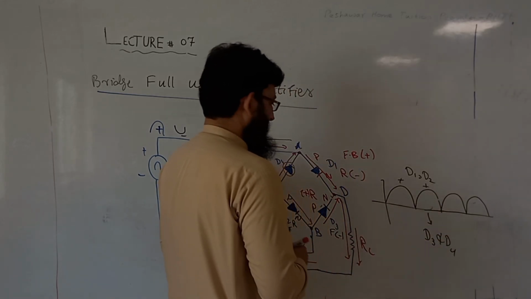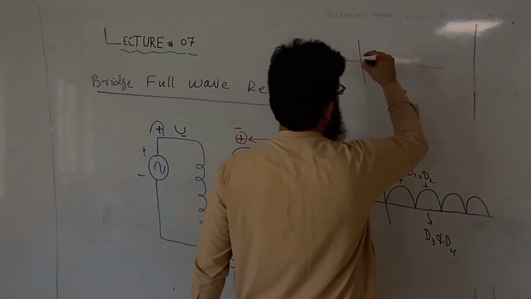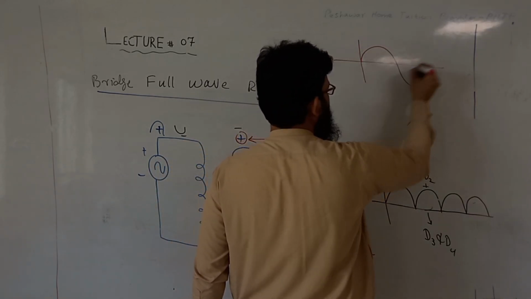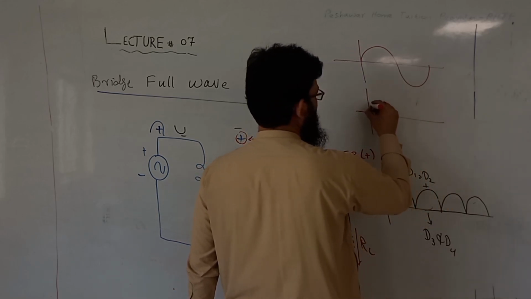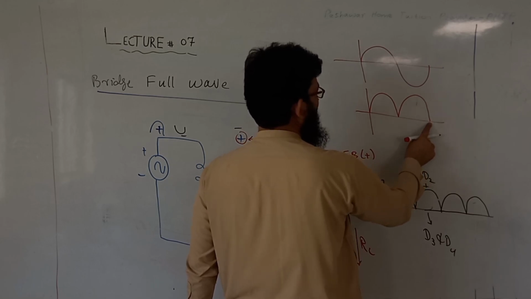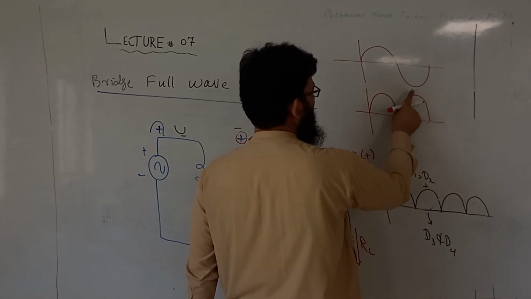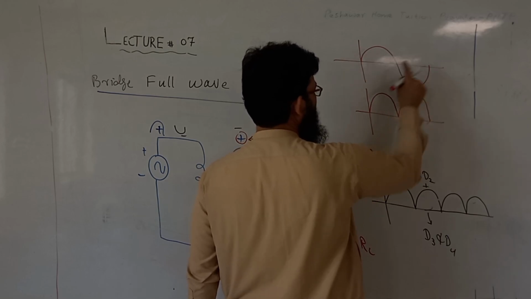Now we are going to discuss its frequency again. If we have AC and we take the output, there are again two peaks in a time equal to the AC, in which the AC covers one cycle.